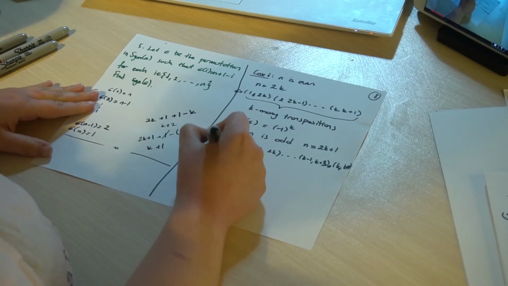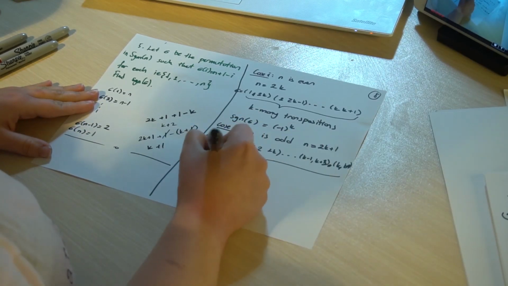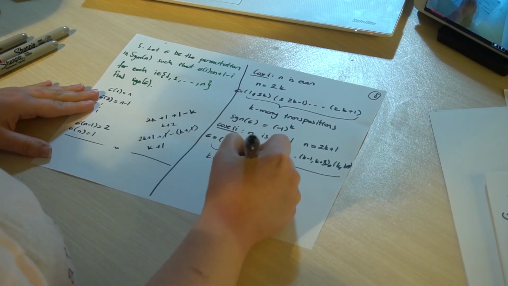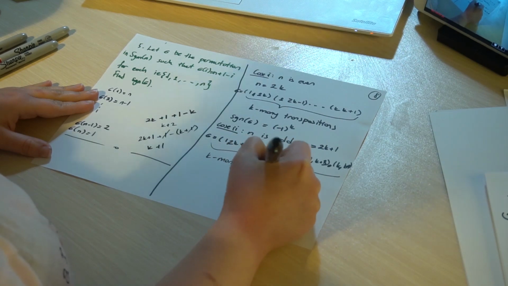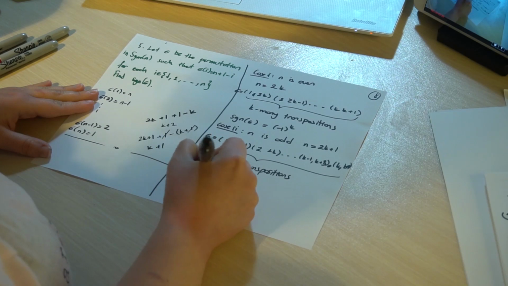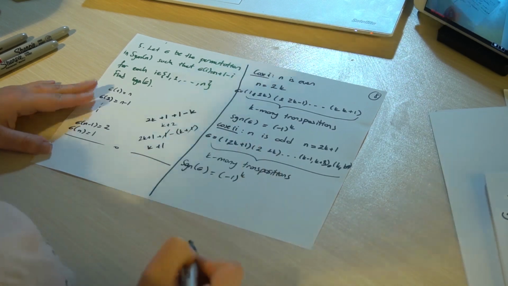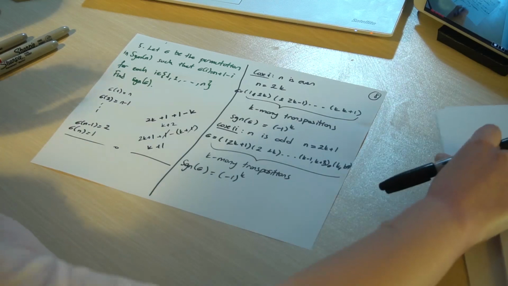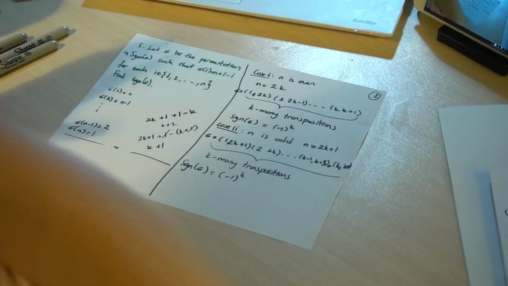So we have again k many transpositions. So sign of sigma is again minus 1 to the k.